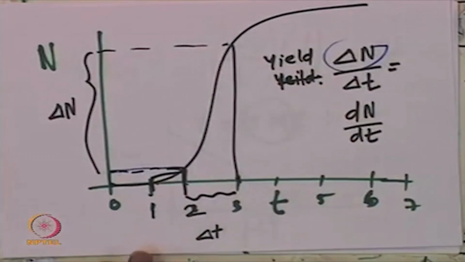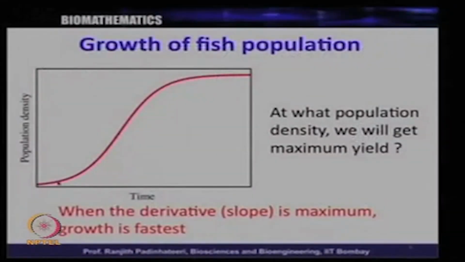So, as you can see in this graph, if you keep calculating the slope from here to here, you will find that somewhere in the middle the slope is maximum. That is the place where you get maximum yield. That is, in 1 day, in unit time, how much more fish you get, that is the yield.